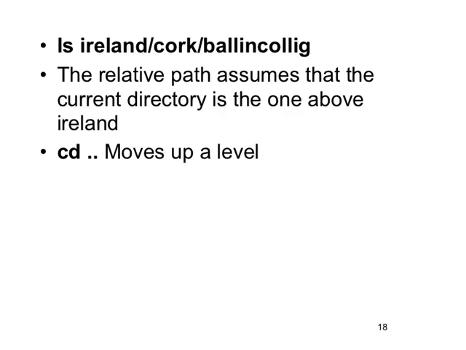And then cd space .. moves you up a level. So if I was in the folder Ireland and I wanted to move down into Cork, I'd say cd Cork, and then I'd be in the Cork folder. If I was in the Cork directory and I wanted to move down into the Ballincollig directory, I'd say cd Ballincollig.